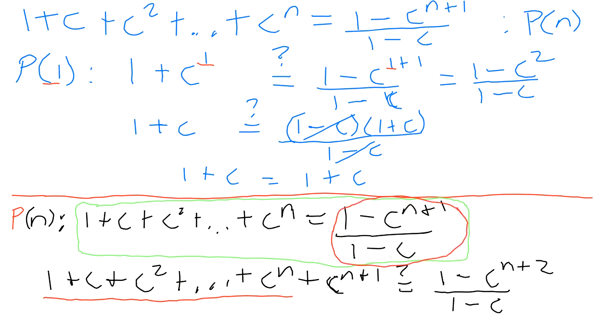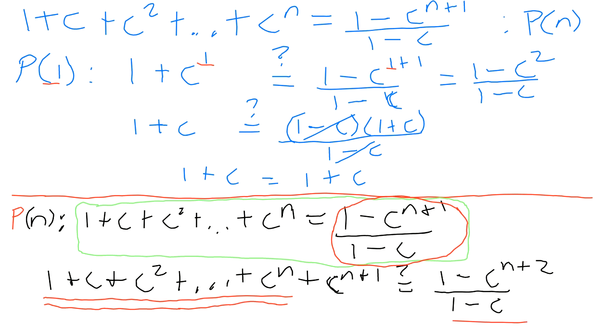As you can see, 1 plus c squared plus and so on, right up to c^n, c to the power of n. We have assumed that that is equal to 1 minus c to the n plus 1 over 1 minus c. So we're going to replace this underlined portion with that portion circled over there to try to get this thing on the right.